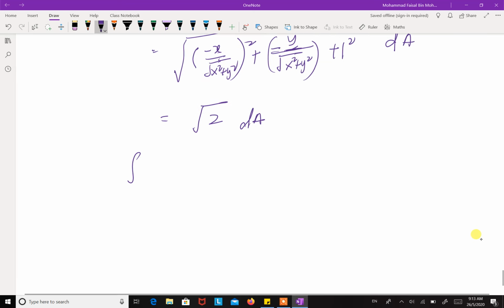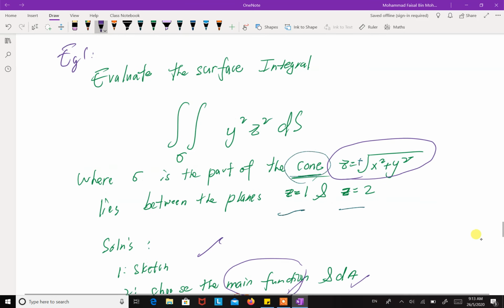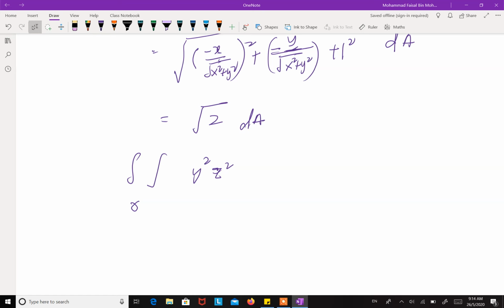So from the question, y squared z squared, and we have here dS. So dS will be substituted as square root 2 dA. So I just choose in xy plane. So the surface in xy plane. So thus the z squared must be in the xy term.